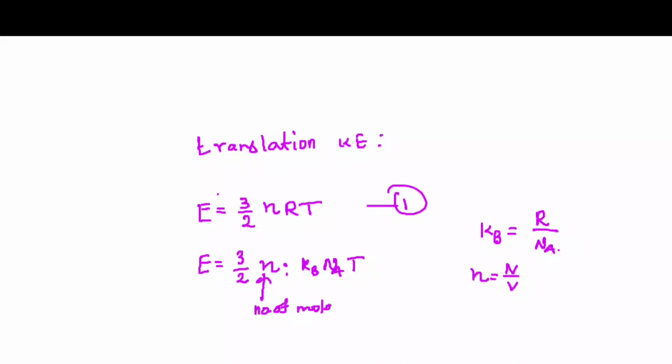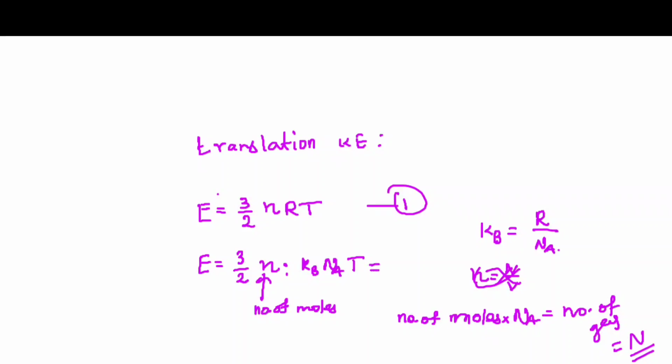Number of moles into Avogadro number gives number of gas molecules, that is our capital N. So here small n into Na we can replace by capital N, so then it becomes 3 by 2 NKBT.